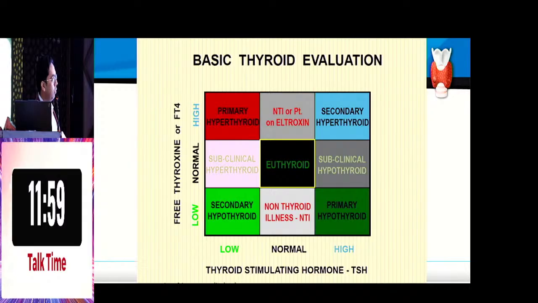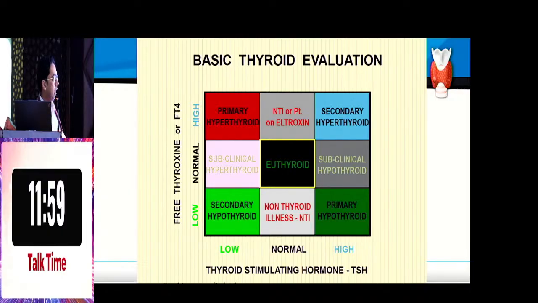What is more important is this section, because now many patients are getting test reports by themselves. You see a bunch of reports, all those packages where T3, T4, TSH are done without any symptoms, right? So should we treat, should we not treat, should we repeat, what other tests should be done? That's the basic discussion today. If TSH is high with normal T3, T4, you are dealing with subclinical hypothyroid.